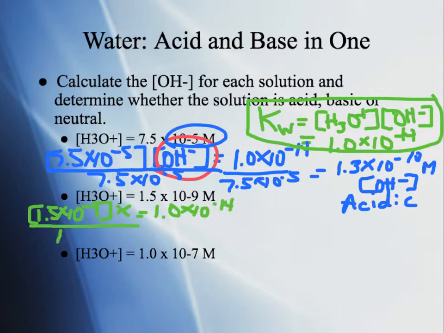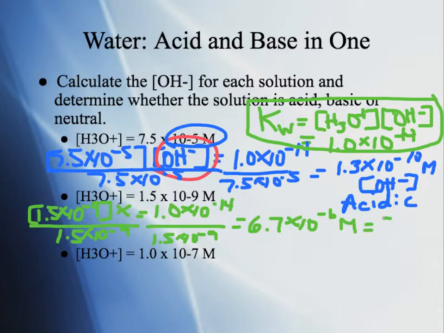Let's divide both sides by our hydronium ion concentration. When we do that, we get 6.7 times 10 to the negative 6 molarity.